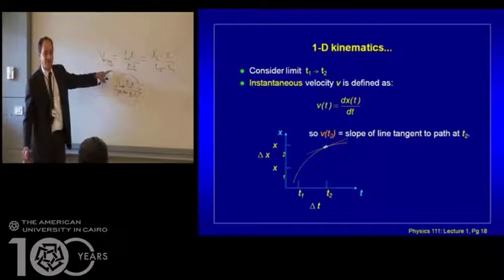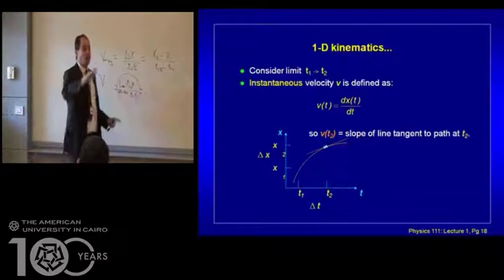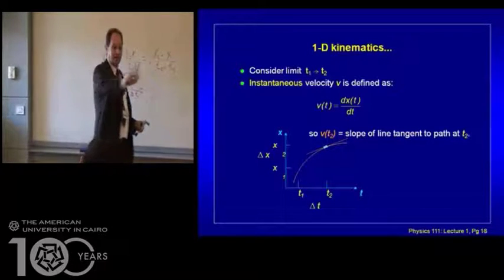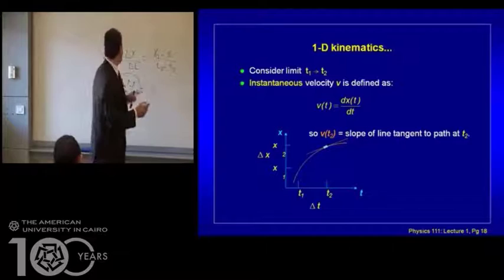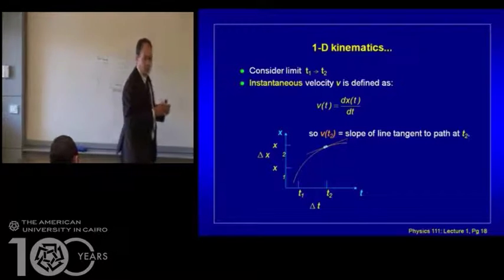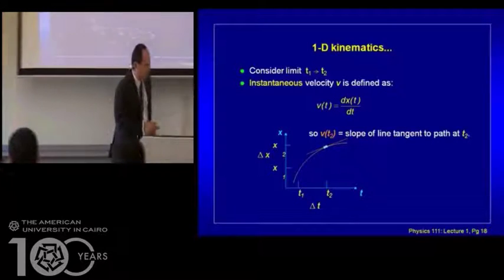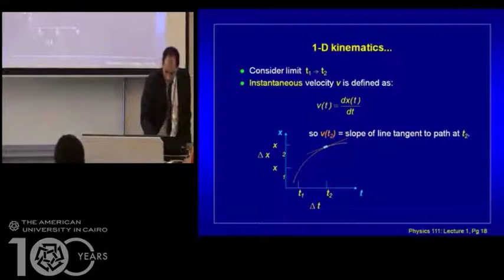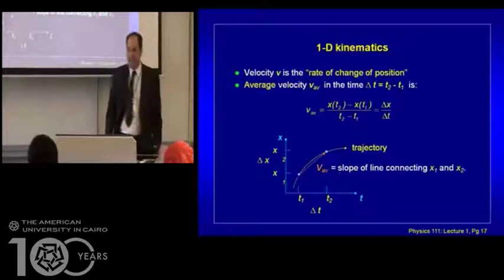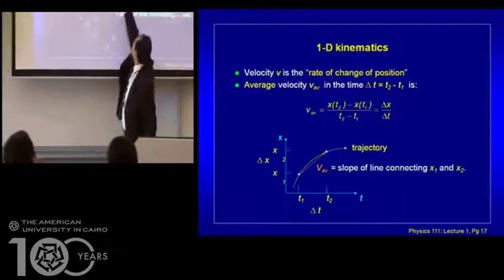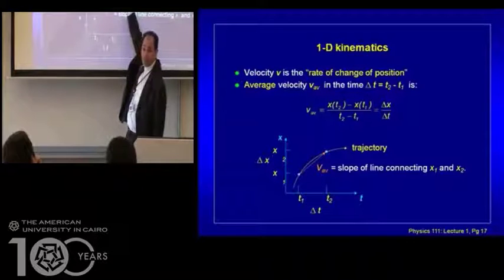But if we're talking about average velocity, then we have to specify that by writing v average. Okay, now I'll go back to the previous slide to explain the difference between x2 minus x1 over t2 minus t1 and what's written in the slide. On the slide, it's written x at time t2. That's the bracket. What does the bracket mean?